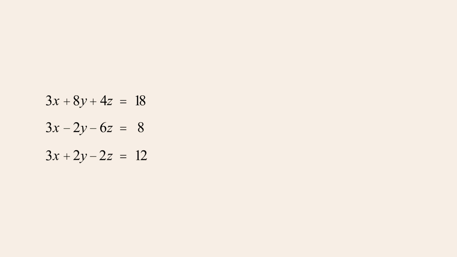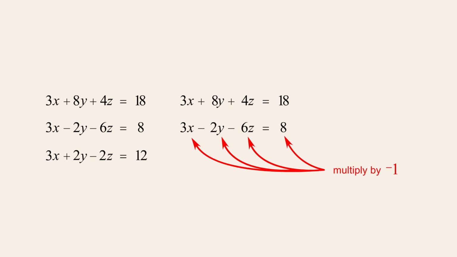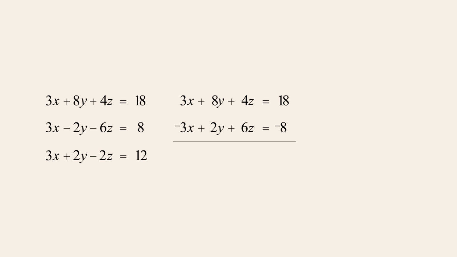In this example, we can pick any pair of equations, so let's select the first two equations and multiply the second equation by -1 in order to make the x terms cancel. Adding the equations, we get 10y plus 10z equals 10, or dividing by 10, y plus z equals 1.